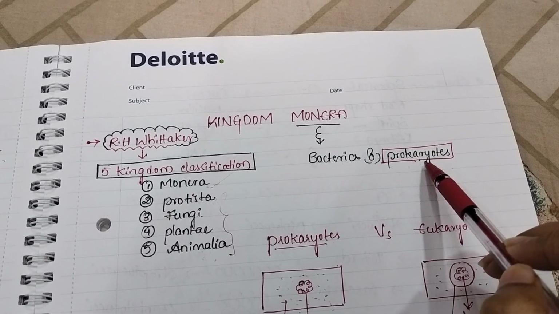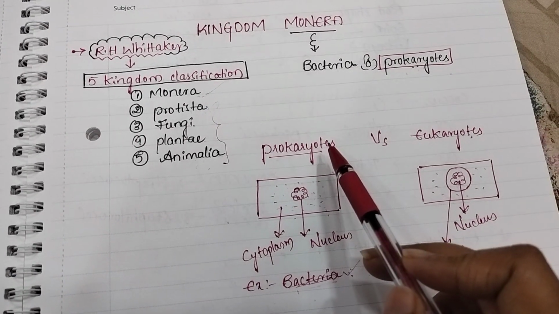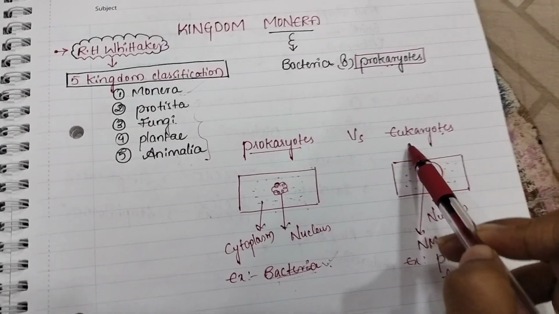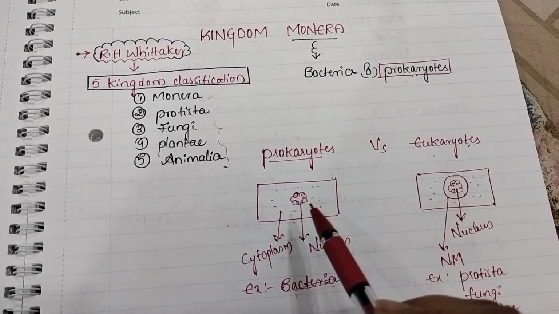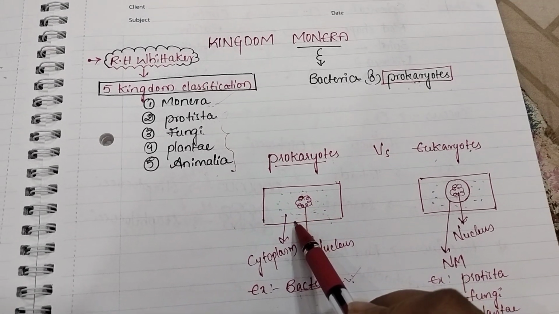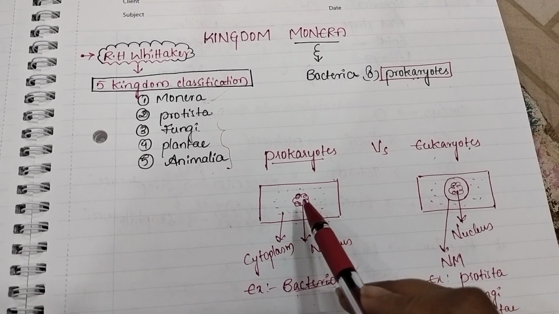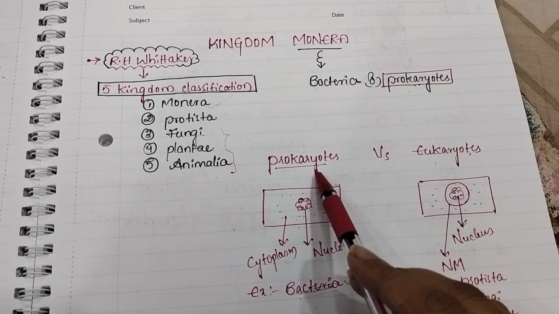So what are prokaryotes? Let us see the difference between prokaryotes and eukaryotes. Prokaryotes are the organisms which do not have a nuclear membrane around the nucleus. The cell which does not have a nuclear membrane around the nucleus is called a prokaryote.